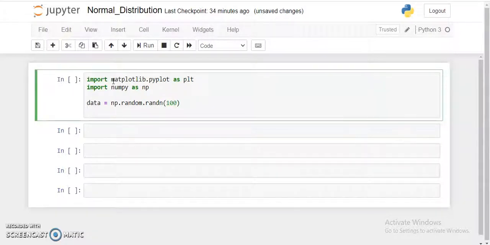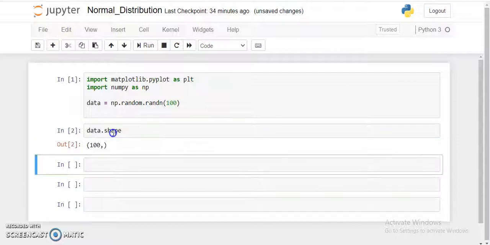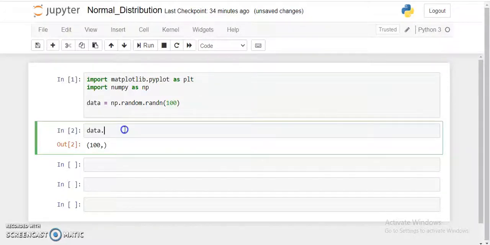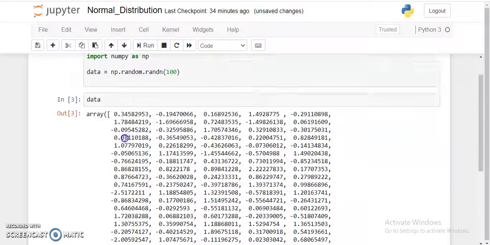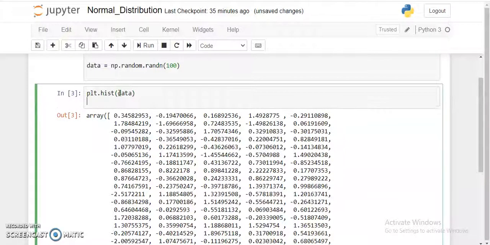Now let's see the data. See the data shape first. It is 100, right? And let's see the data. You can't say anything about the data. Now let's visualize this data: plt.hist(data), right? plt.show().